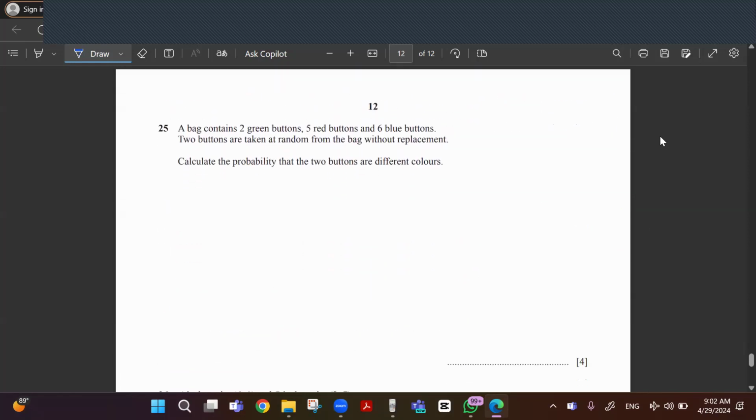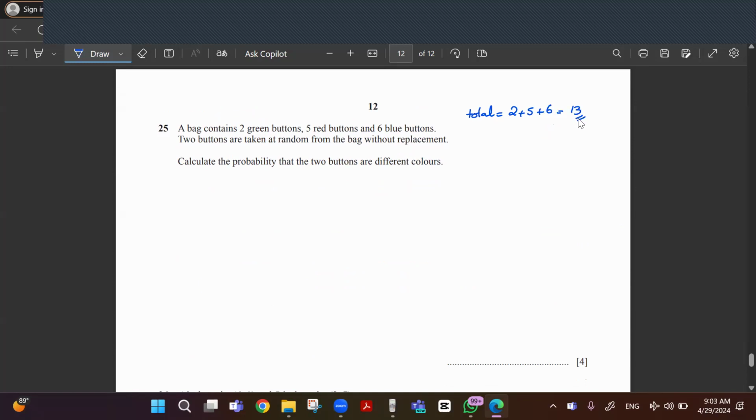Okay, for question number 25, before the last question. A bag contains 2 green, 5 red, 6 blue. So from the beginning, that means the total equals 2 plus 5 plus 6, which equals 13.